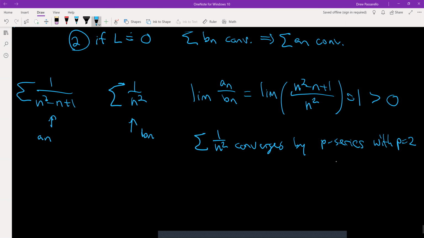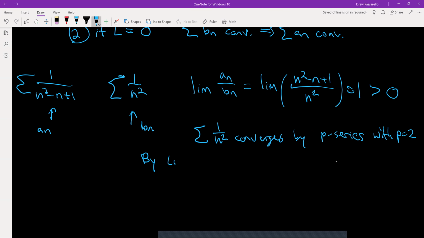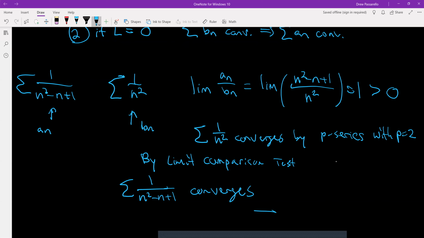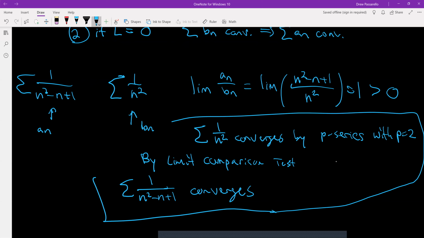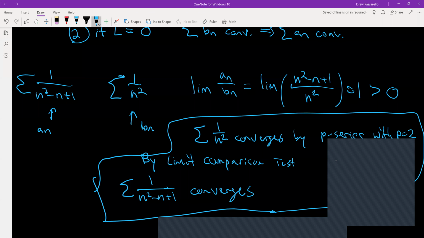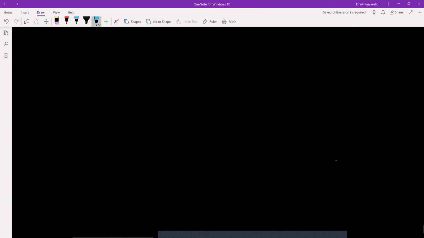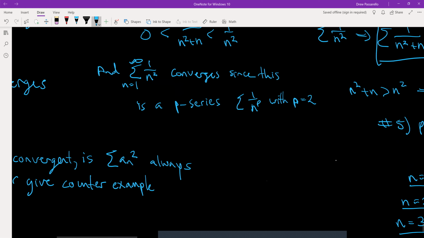So by limit comparison test, this is if and only if our series 1 over n squared minus n plus 1 converges. All right, so that's the answer for that one.